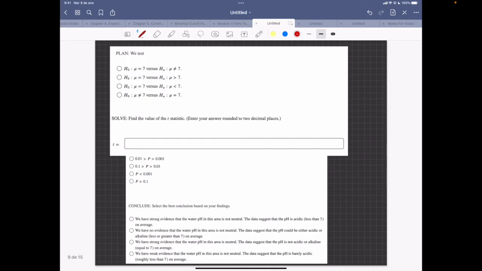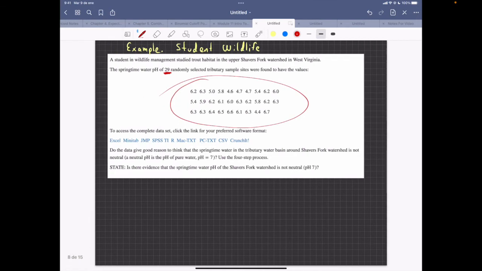All right, so first we have to set up the hypotheses. Remember, when we perform a hypothesis test, first we have to set up the hypotheses, and we have to describe what the parameter is. In this case, the parameter is mu. Mu is what? Usually you have to pay attention to the problem.